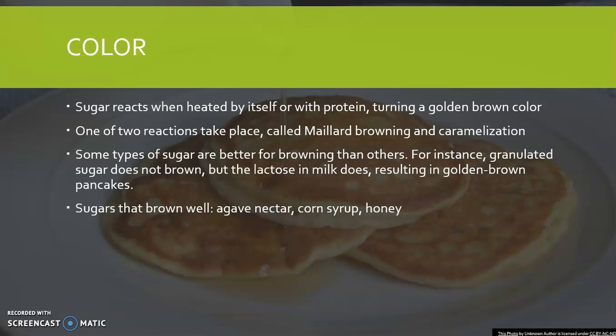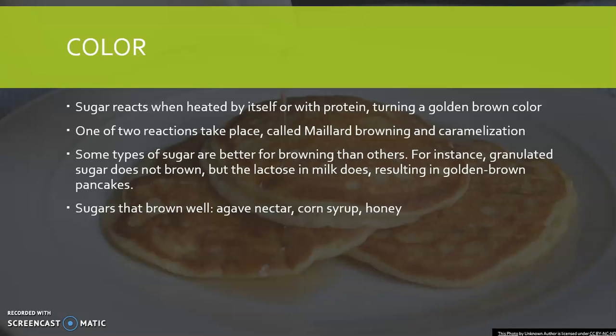Now, some sugars are better than others for browning because of their chemical structure. Table sugar is not actually very good at browning, but lactose, on the other hand, the sugar in milk, is good at browning. And so in pancakes, if you don't add milk, your pancakes might not actually turn as brown.